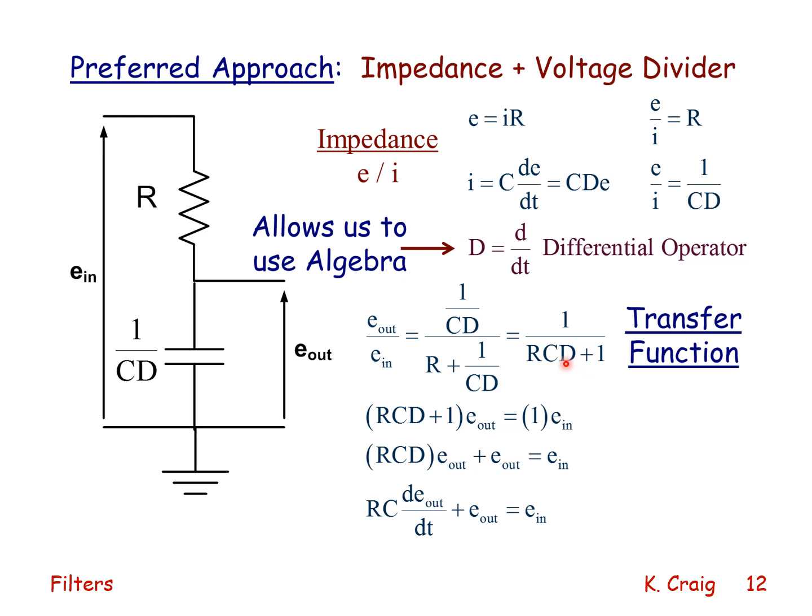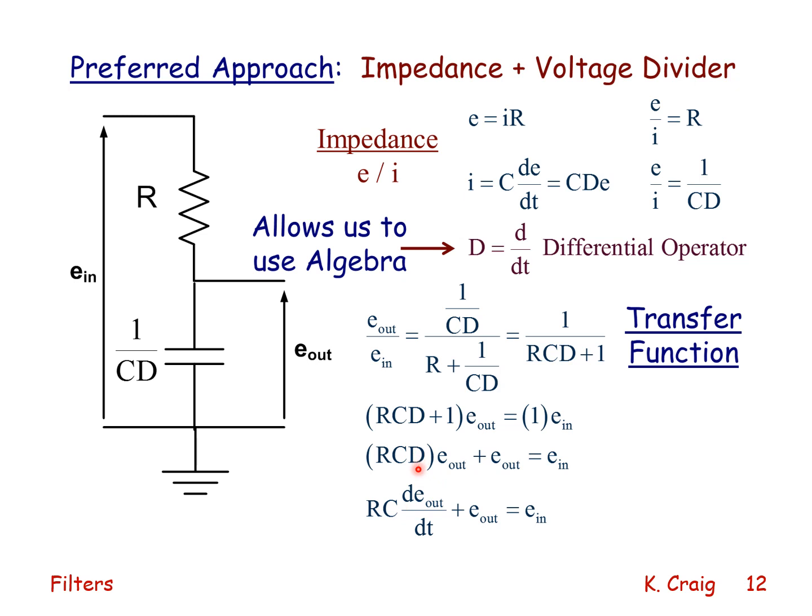If I now cross multiply, RCD plus 1 times E out equals E in times 1, and then I distribute the E out: RCD times E out plus 1 times E out equals 1 times E in.